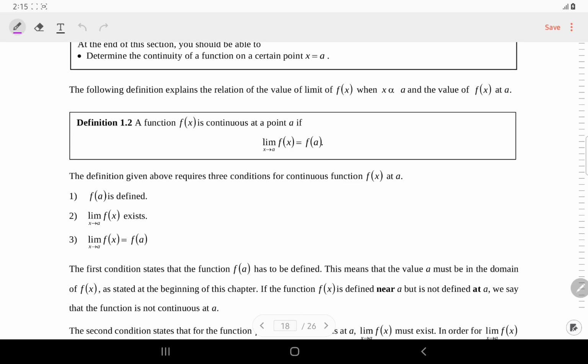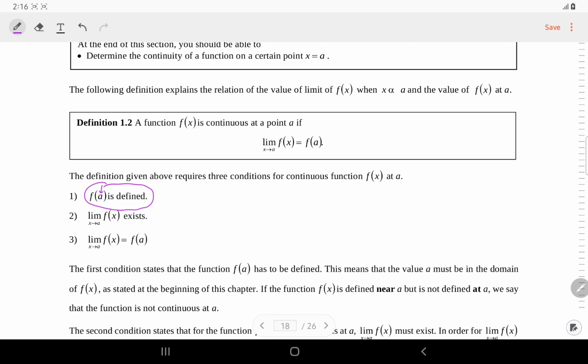How do we determine whether a function is continuous or not at a certain point? There are 3 conditions. The first one is f(a) is defined. a is the point that we want to test whether the function is continuous or not.